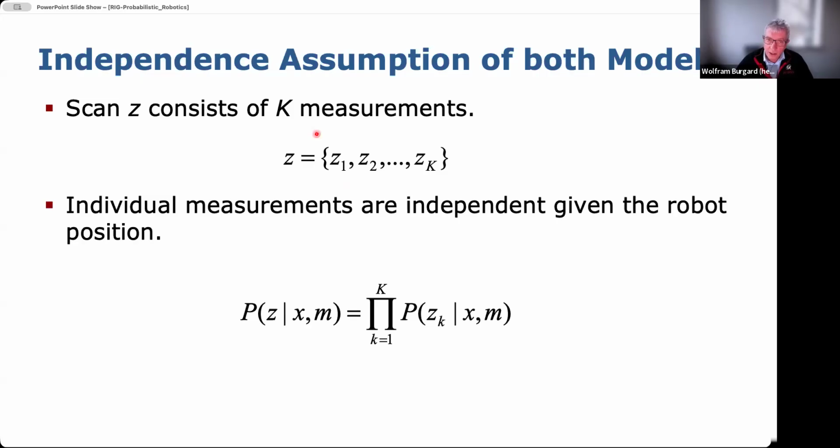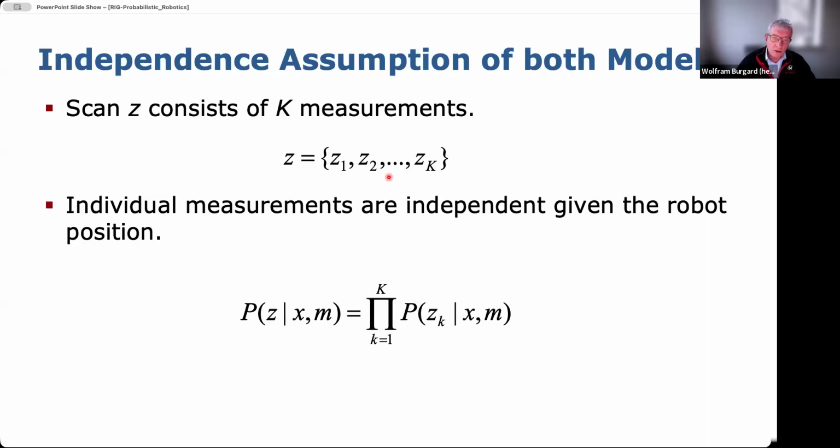So there are LiDARs with 181 laser beams or even with 361 beams, and even more when you go to 3D LiDARs. Basically, these are individual light rays that are sent out. These are typical time of flight sensors, which measure the time it requires until the light beam or the reflection from the environment comes back.